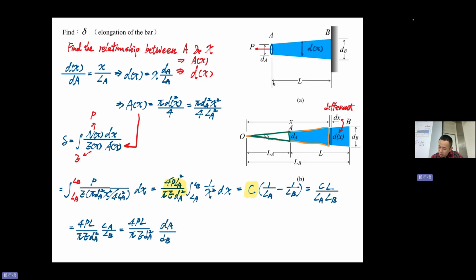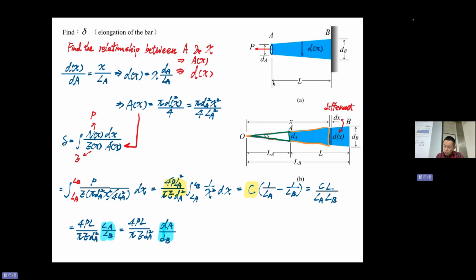Oh, so you can imagine that this one is actually equal to that one, right? LA divided by LB. LA divided by LB is actually equal to dA divided by dB. So they have the same ratio.